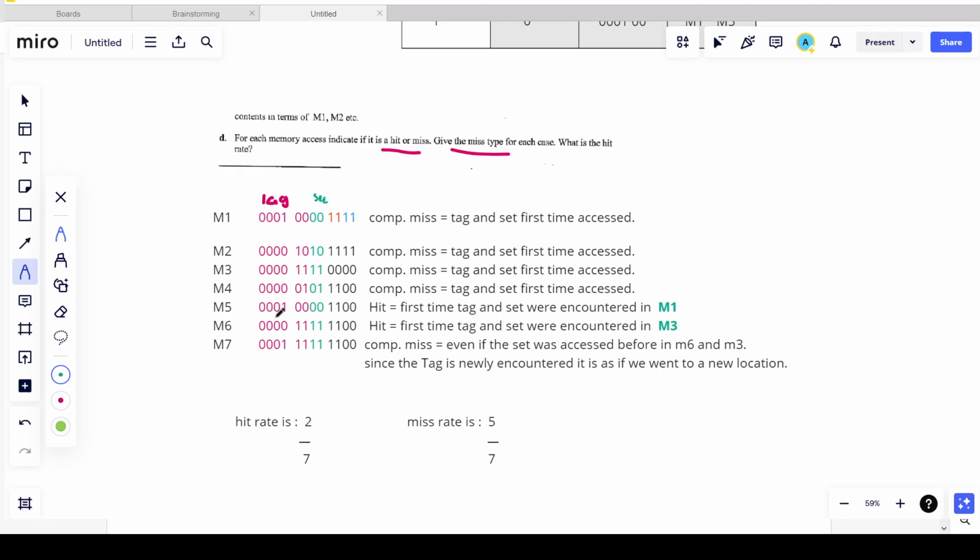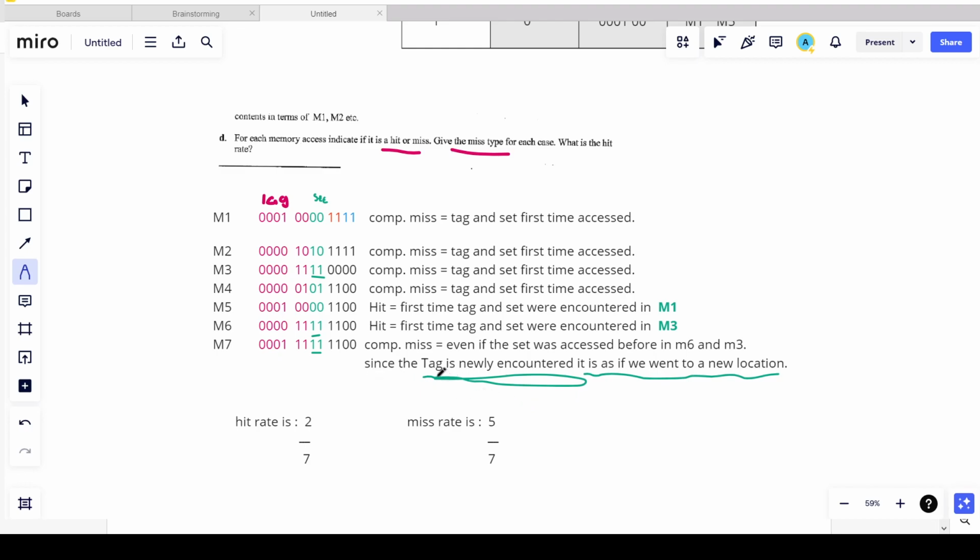Same with M6. Its tag and set were first encountered in M3. And finally M7, I gave a little more detail to understand the situation. Even if the set was accessed before in M6 and M3, as you can see, they have the same sets as M7, but the tag is newly encountered. It is as if we went to a new location.